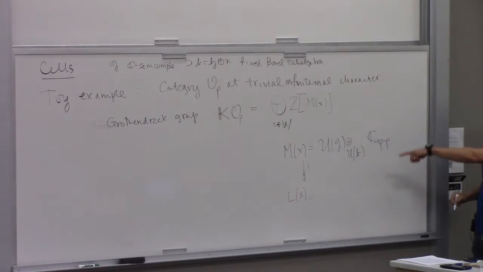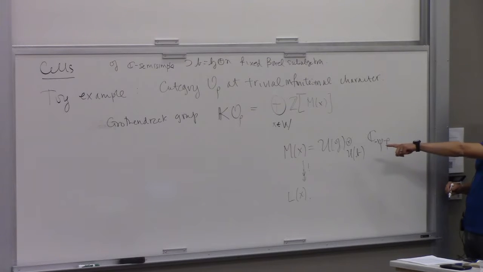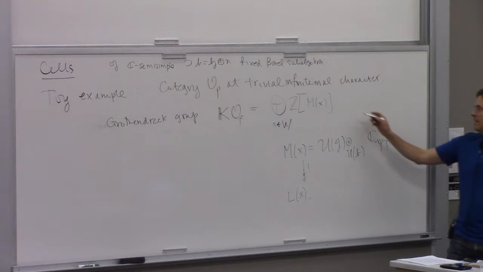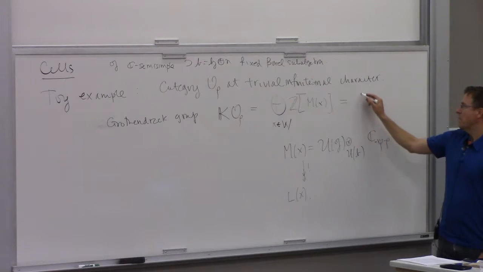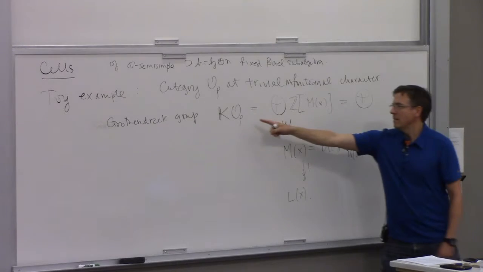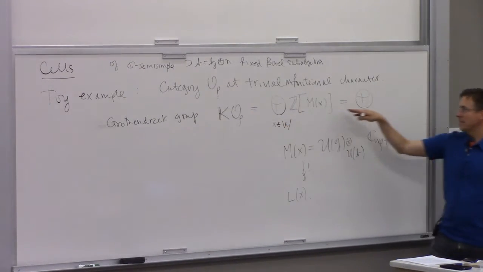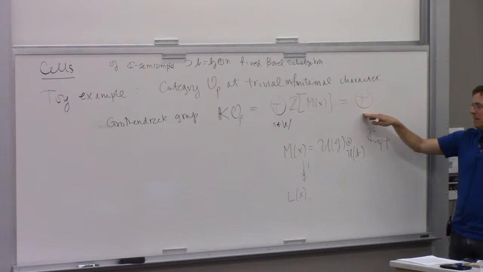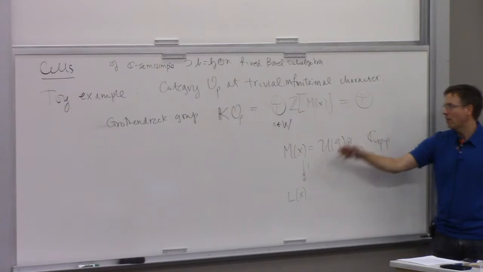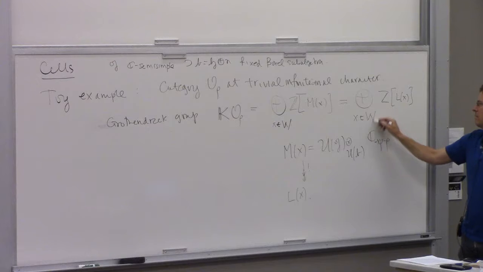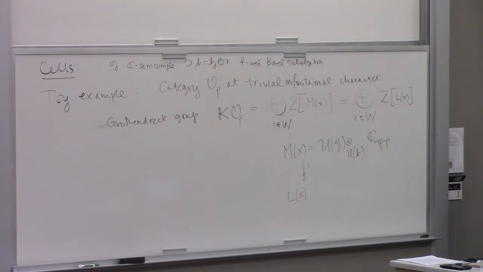Okay, so the Verma module M of X has a unique irreducible quotient, L of X, and well, this was maybe the more obvious equality. The Grothendieck group of O row is, by definition, spanned by the irreducible objects at row, and those are all of the L of X's. But we're also familiar with the fact that the Verma modules also span that basis.